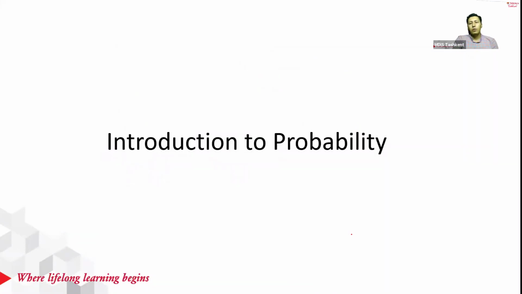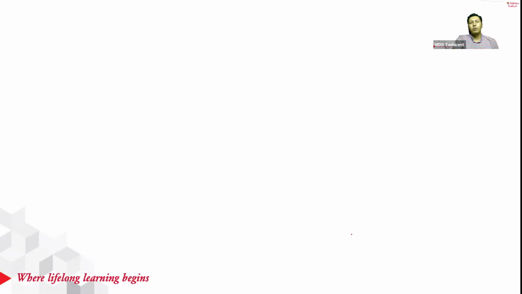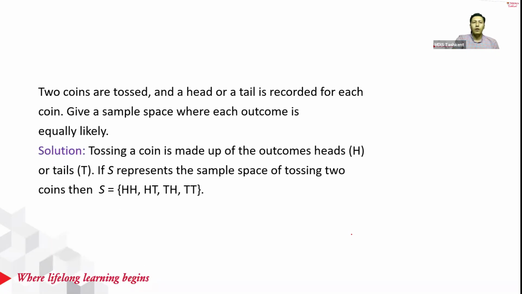Introduction to probabilities. Okay, for probabilities, you have to understand two things. So first one is sample space. For example, you toss one coin. We use letter S for sample space, and it is all the possibilities.